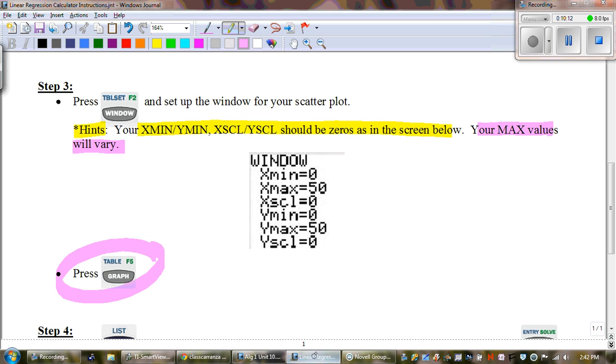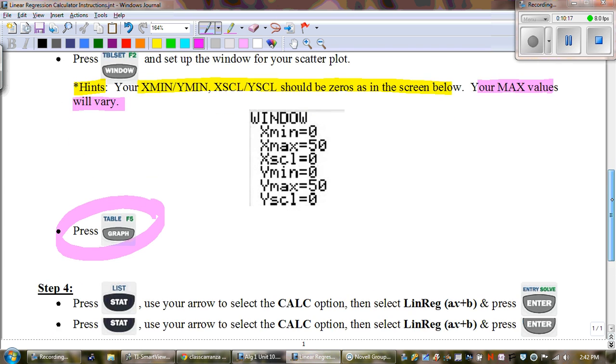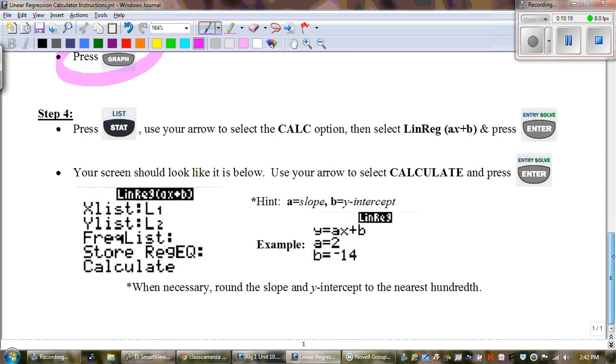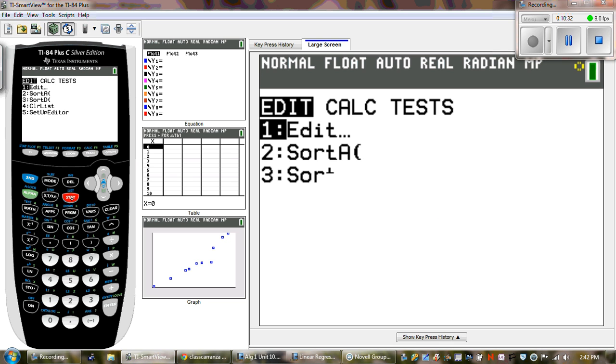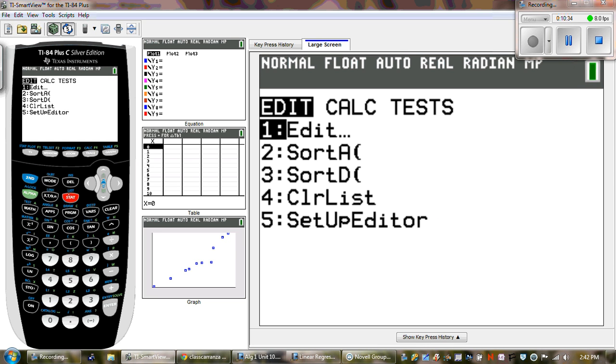Now, we are done with step 3. Step 4 says that we need to press the stat button. So I'm going to come over here and press the stat button. Once again, that's kind of by alpha in your arrow key. And then it says to use your arrow to select the calc option.